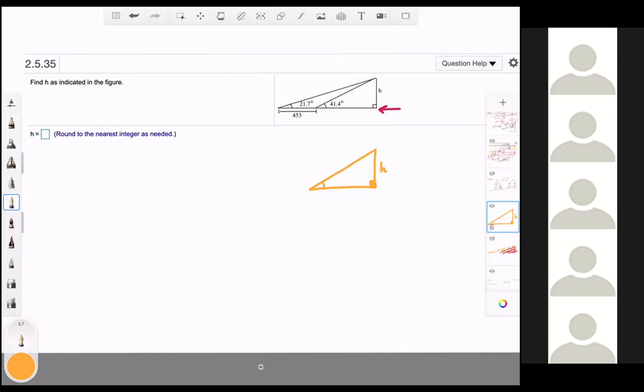This is 41.4 degrees. So we are able to find this angle as well, because this is 90, 41.4, and we are able to solve this. What is this, Karen? What degree is that? I think it's like 40.